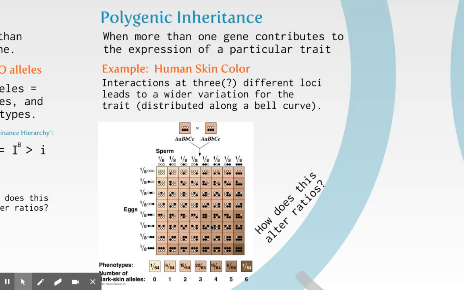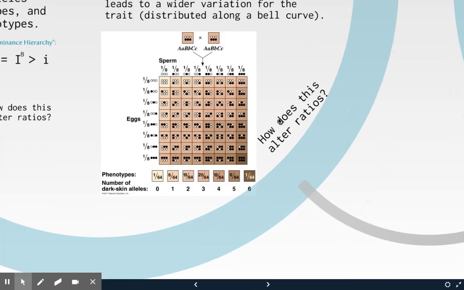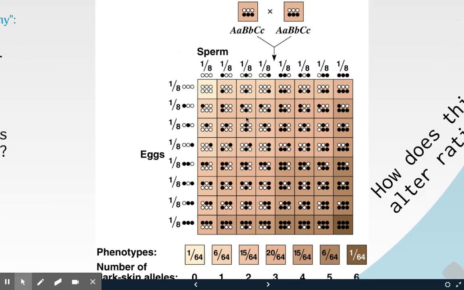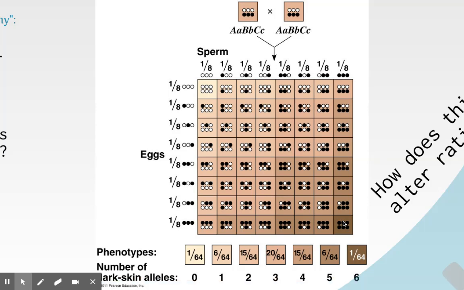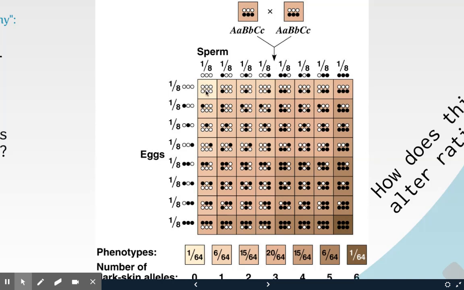With skin color, height, and hair color, these are polygenic traits. Polygenic means instead of just one gene controlling the trait, it's multiple genes controlling the trait. For human skin color, when you have this spectrum of phenotypes from pale to darker, it means there have to be multiple genes involved, because we have so many different phenotypes.